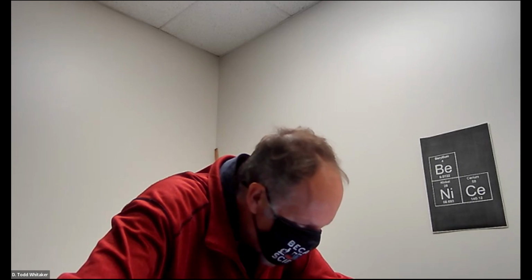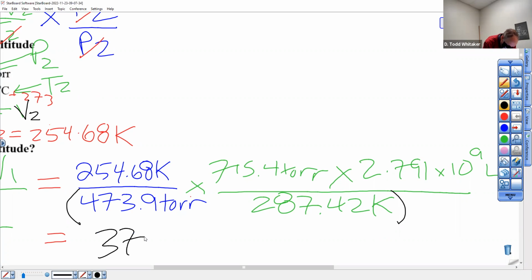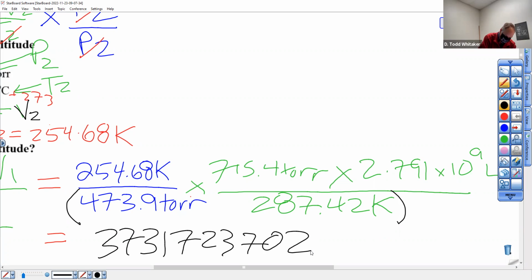All right, ladies and gentlemen, we have an answer. If I can remember where we were. ChemDraw, no, Starboard. And the answer, in black, why not? 3.731273002. Did I get all those? And I'm not even going to trust myself with units.